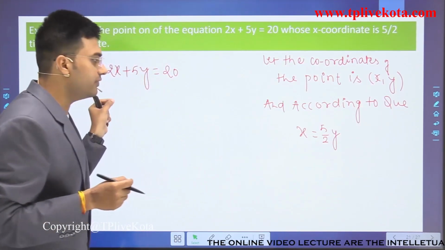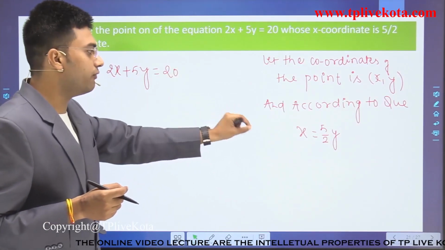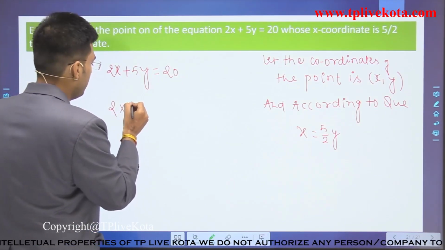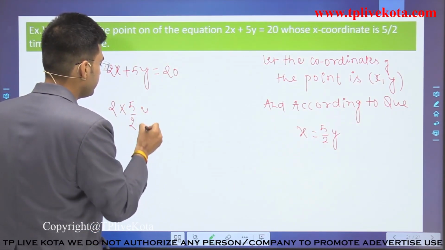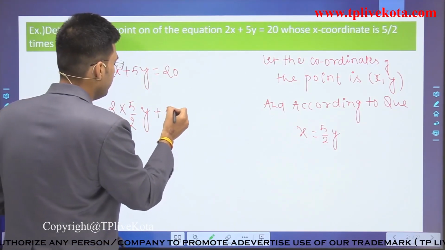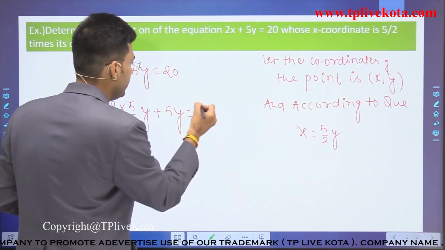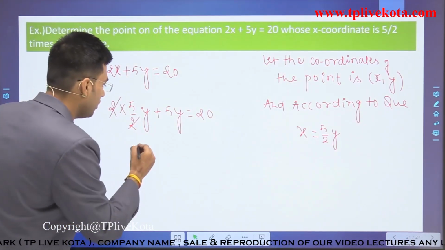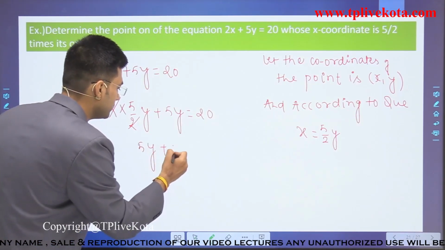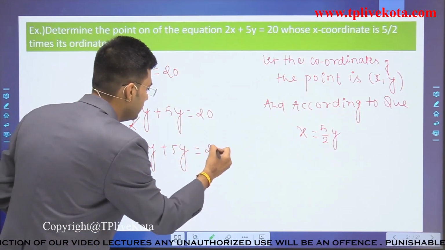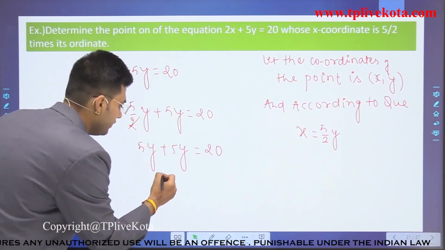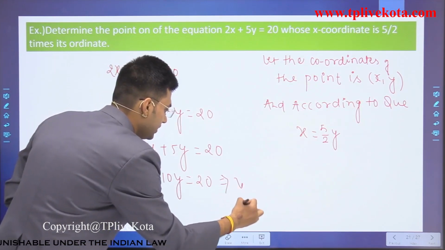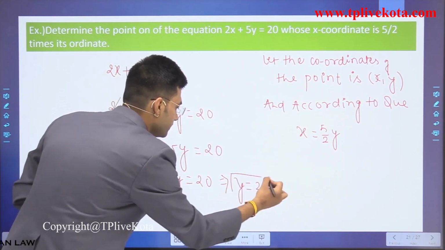Now we have this equation. Now we can replace this value of x in this equation. So 2 multiplied by 5 by 2 times y plus 5y is equal to 20. Now this 2 and 2 cancel out, so we have 5y plus 5y is equal to 20, and that is 10y is equal to 20, and we can say that y is equal to 2.